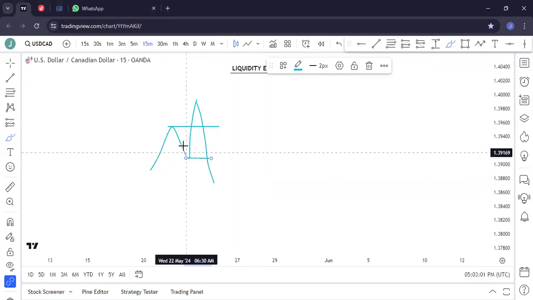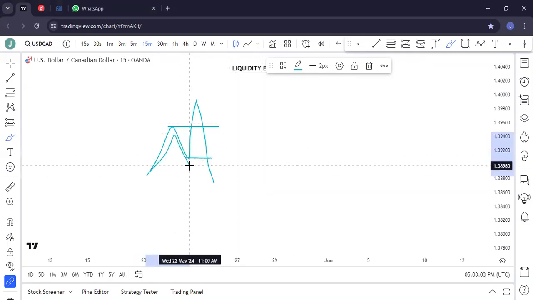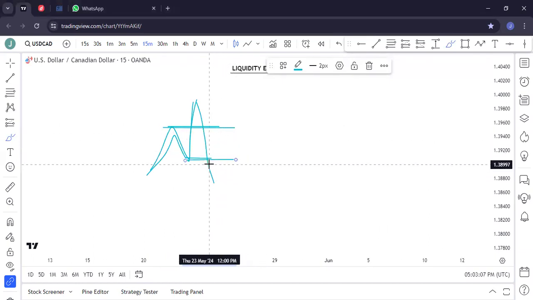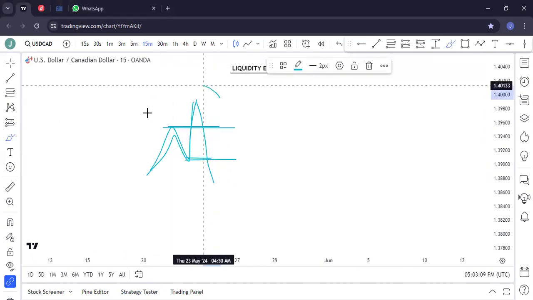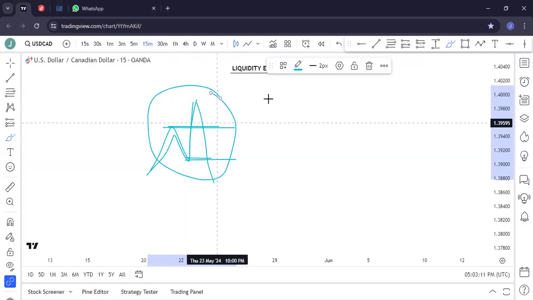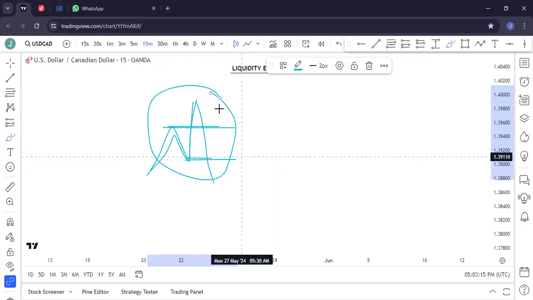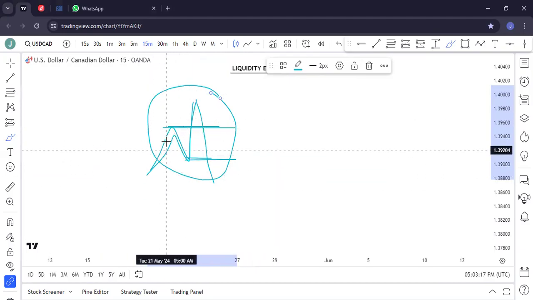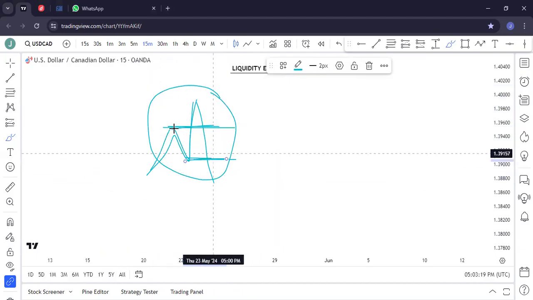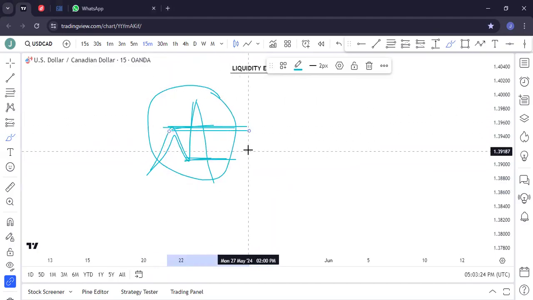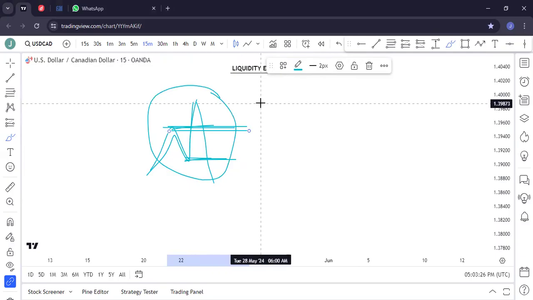So when you find the market breaks the structure and changes the character at the same time, this is what we call liquidity engineering. This is the action of the market performing this certain scenario. A scenario like this is what we call liquidity engineering.